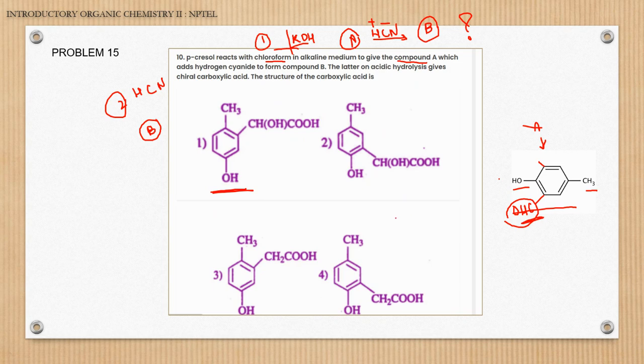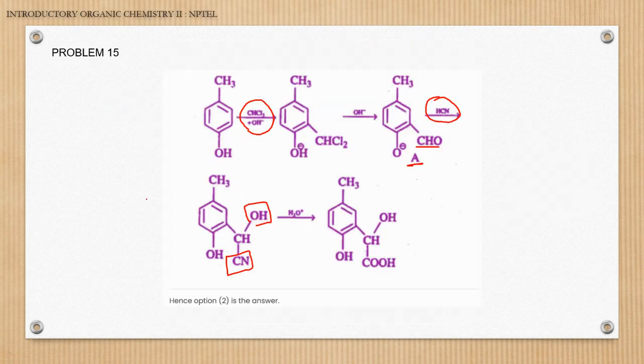Again they have told that later, that is compound B on acidic hydrolysis is giving a chiral carboxylic acid. So you have to also hydrolyze this particular B compound to give your answer. After the hydrolysis, so guys, you previously know that cyano on reduction is going to convert into the primary amine, whereas cyano on hydrolysis will give you acid.